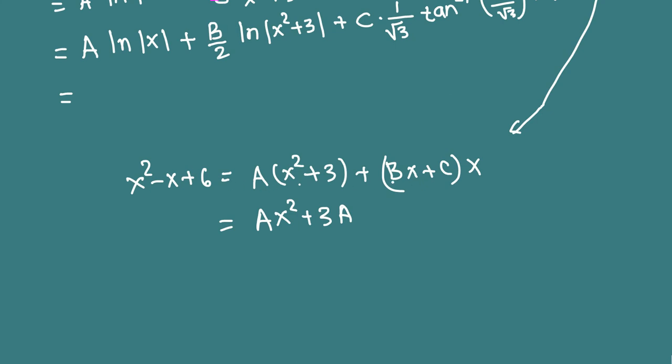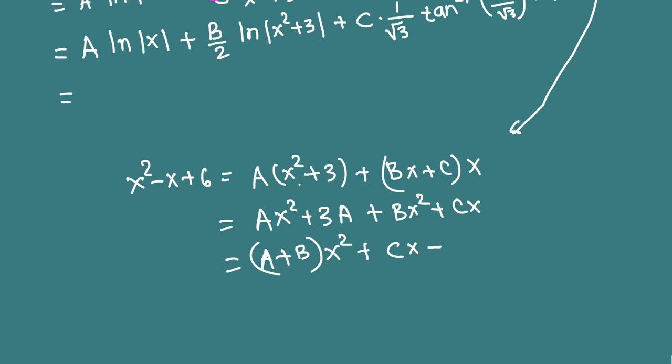I would just simplify everything, distribute x, plus bx squared plus cx, and combine the like terms: ax squared plus bx squared, (a plus b)x squared, plus cx plus 3a. The left hand side is x squared minus x plus 6. Unlike previous questions, we don't have linear factors. This is a quadratic factor, so plugging in x equals 1, 2, 0 does not help.